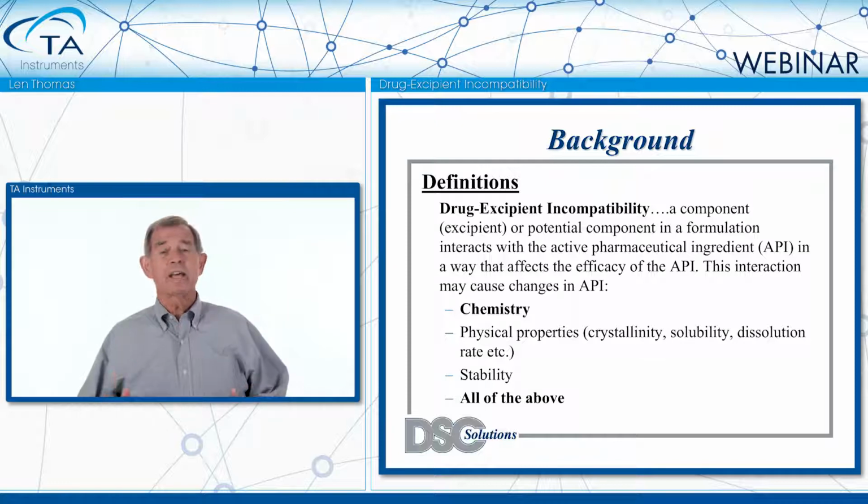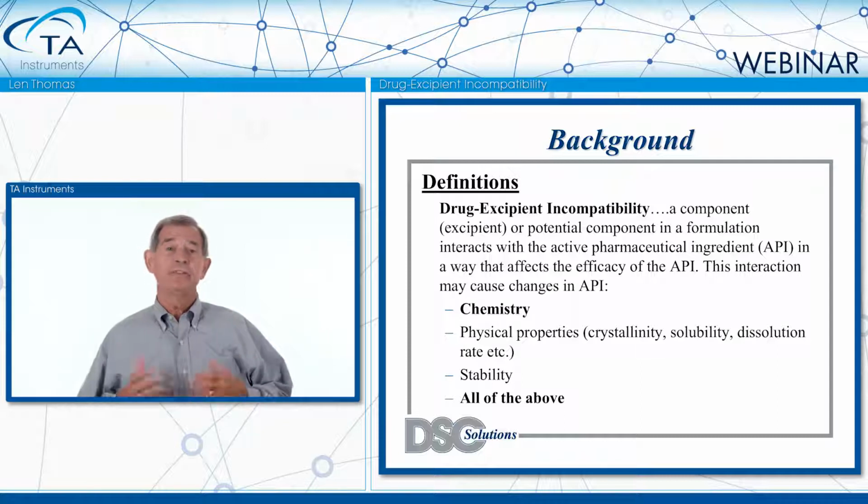The concern is that over time, that drug is going to chemically interact with one or more of those other excipients or components, and that's going to affect the efficacy of the drug. If there is a chemical interaction between the drug and one of those other materials, then it can affect what's listed there: chemistry, physical properties, stability. And in reality, when you have a chemical reaction between two materials, all of those properties are affected.